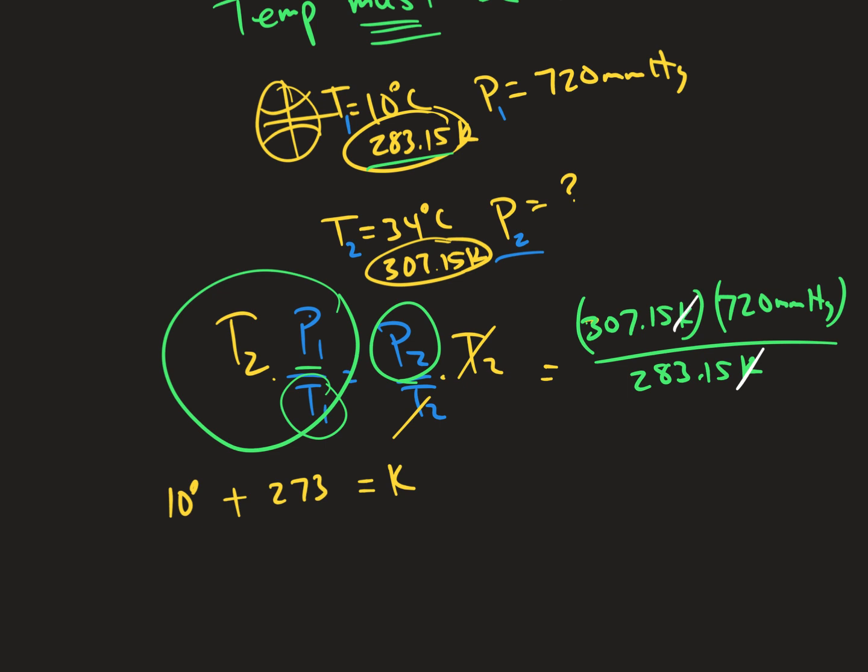We're left with millimeters of mercury. That's good because we're looking for pressure. And we do that, multiply and divide, and we get 781 millimeters of mercury. So we can see we increase our temperature, our pressure increases as well.